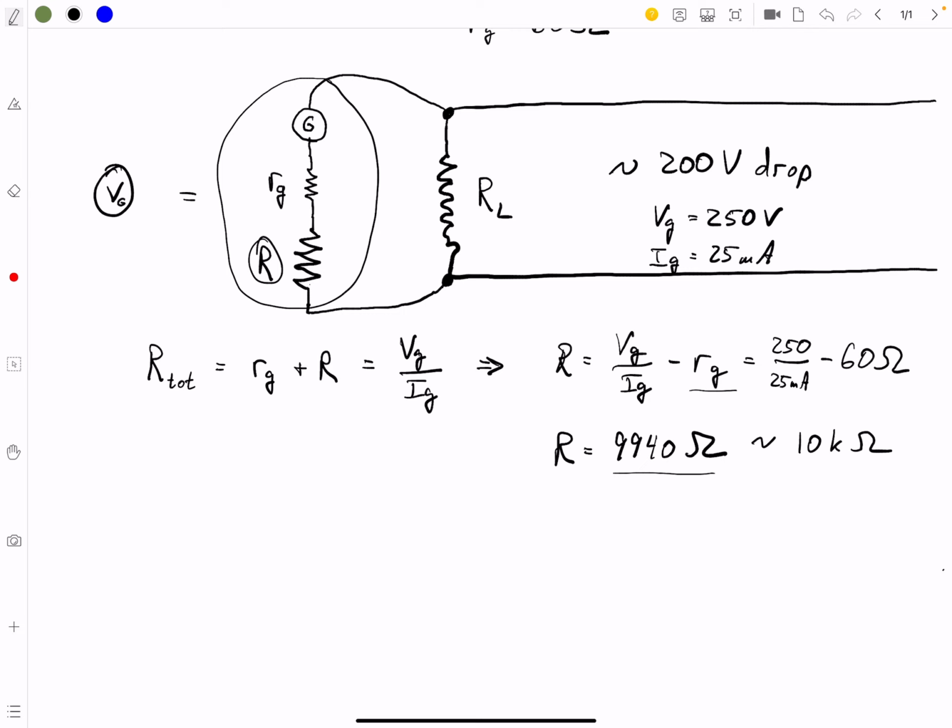So we're going to do a loop rule, and we're going to do a little loop through here. Did I draw the loop correctly? It doesn't matter, right? You guys know that.